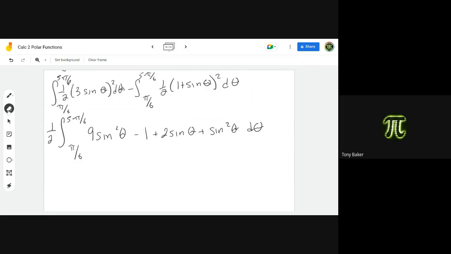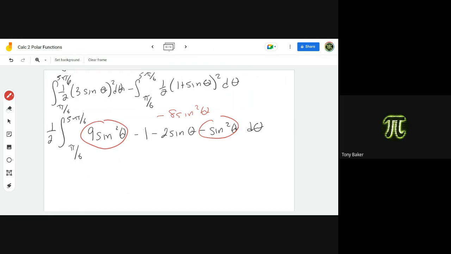Sorry, all those are minuses. So I can put these two together and have negative 8 sine squared theta.